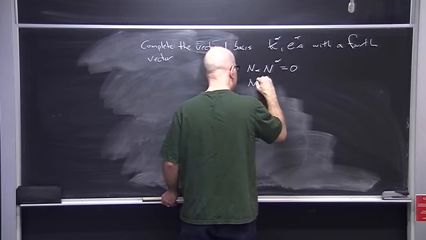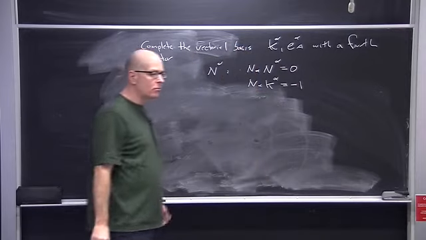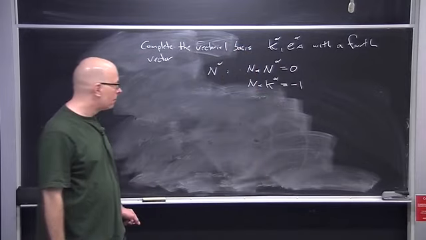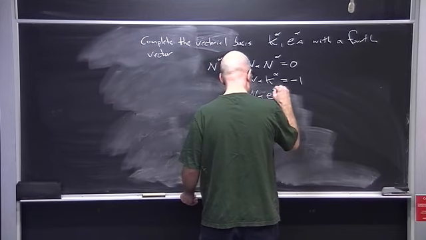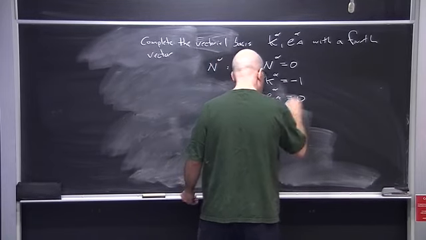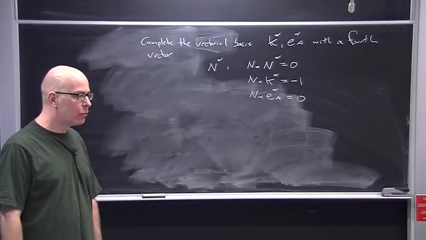It's going to have the property of being normalized with k in the usual way. And it will have the further property of being orthogonal to all the other vectors that are tangent to the hypersurface.